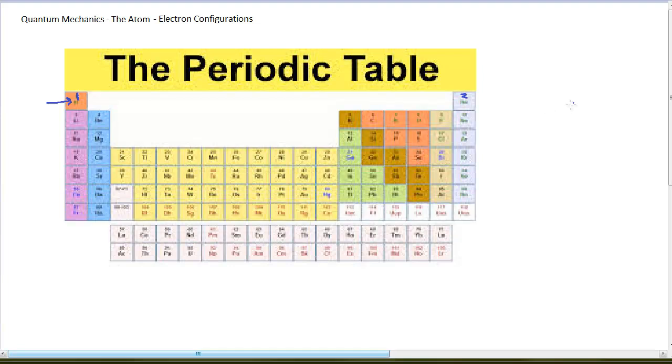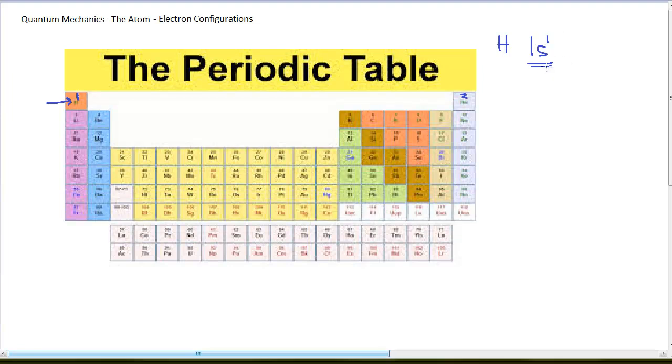With hydrogen, his electron is going to go into the lowest energy possible. The lowest energy orbital is the 1s orbital, and I'm going to put 1 electron into that orbital, and this superscript 1 is for the 1 electron in the 1s orbital. We call this the electron configuration for hydrogen.